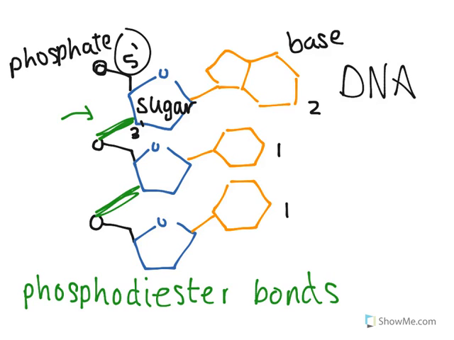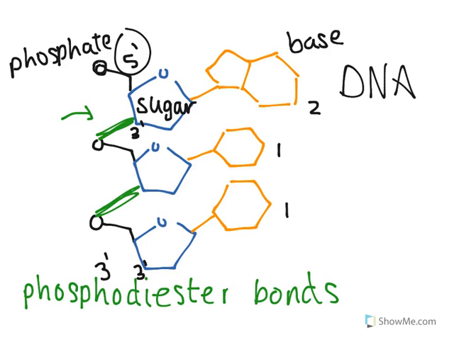Alternatively, if you want to identify the 3' side, that's just the end that ends in the sugar, because the 3' carbon is right down here. So that's just kind of a little fun fact. If you remember, DNA has to line up in an anti-parallel fashion, so the directionality of it is really important. So identifying 5' and 3' can become super important in some cases.